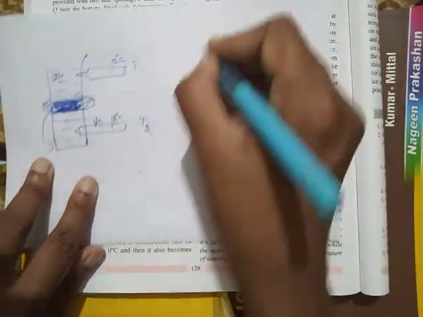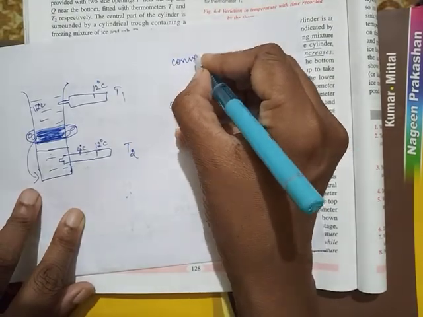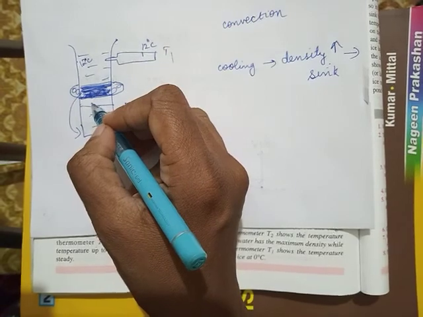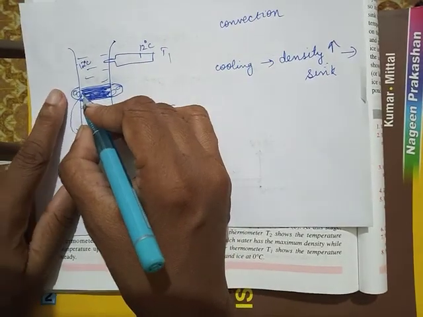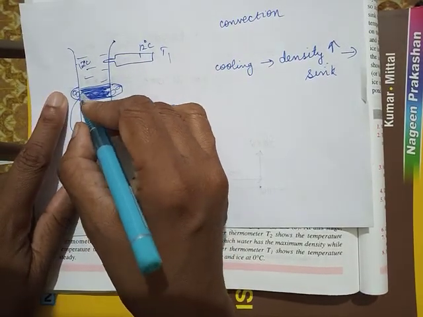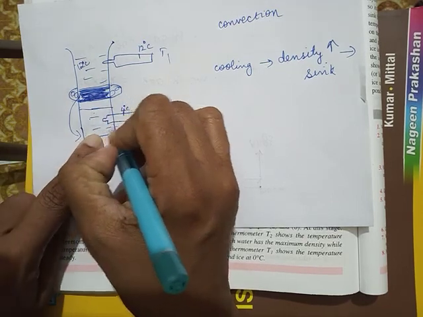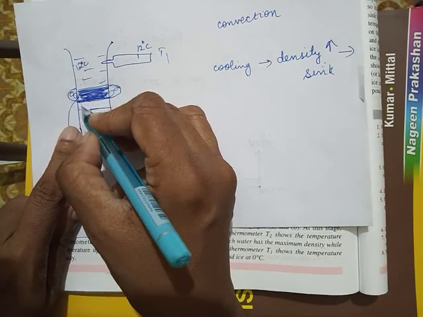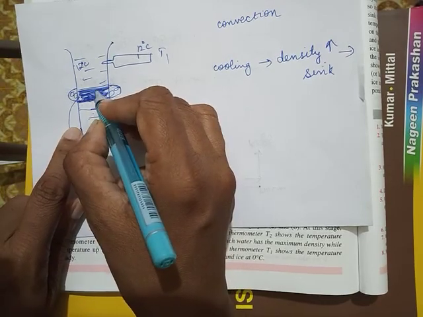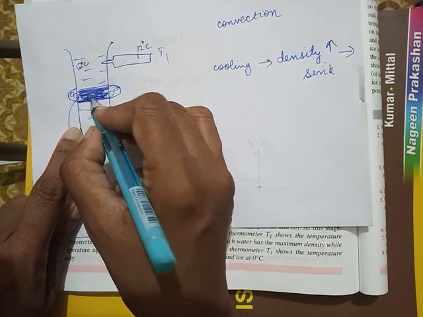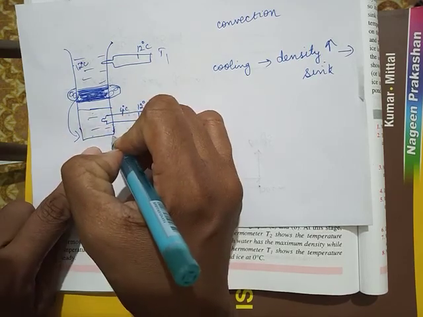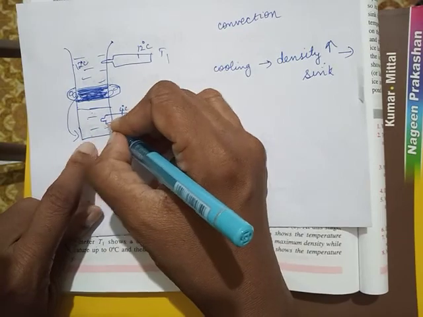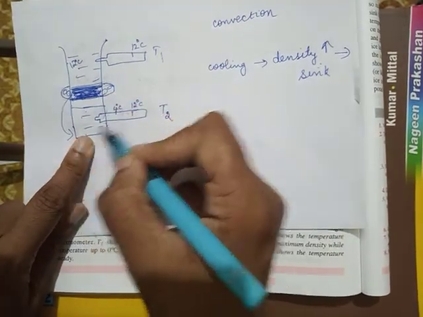I think you'd have heard this word called convection current. Convection means the liquid of higher density will sink down and the liquid of lower density will rise up. The next layer of water would have come up, then that would have reduced from 12 to 11. Like that, every layer would have happened. Then the same phenomenon will start again, and after 11 the temperature will come down to 10.